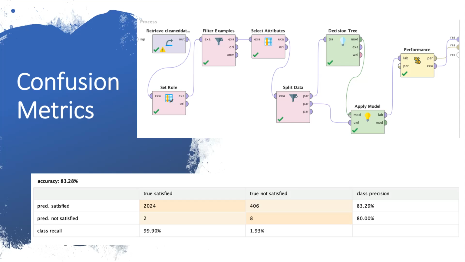So we chose the confusion matrix to evaluate the accuracy of the decision tree, and we found the precision is 83.29% and the recall is 99.9%. The accuracy is quite high as well, around 83.28%. The numbers indicate that the decision tree can be an appropriate predictive method to help stakeholders and developers make decisions.